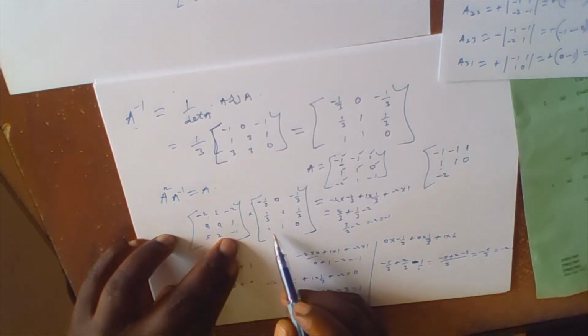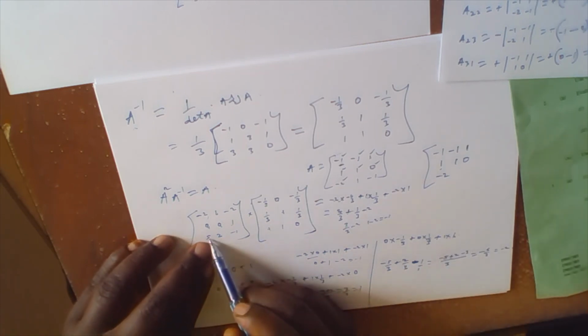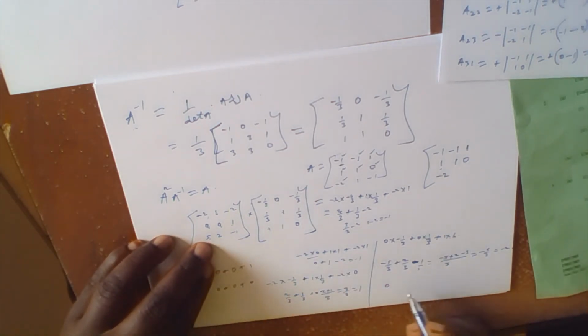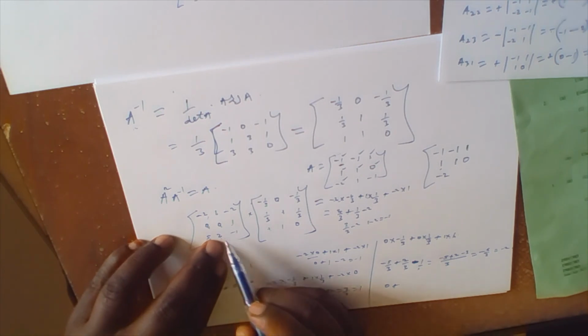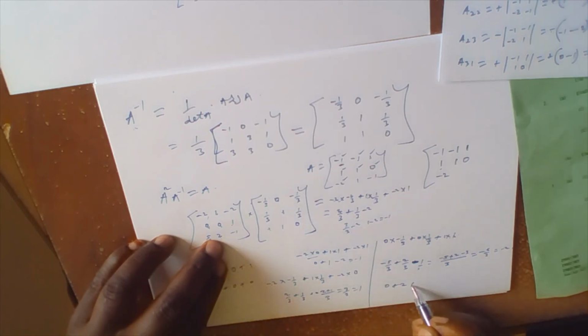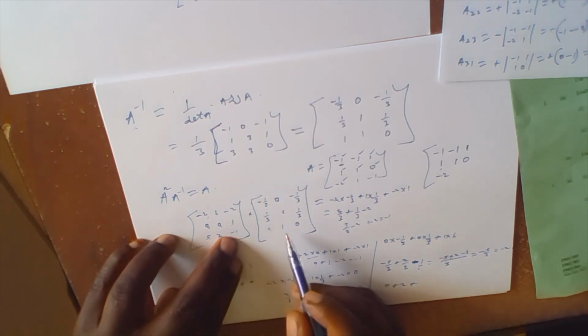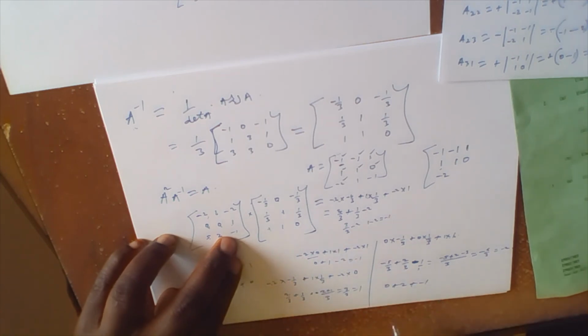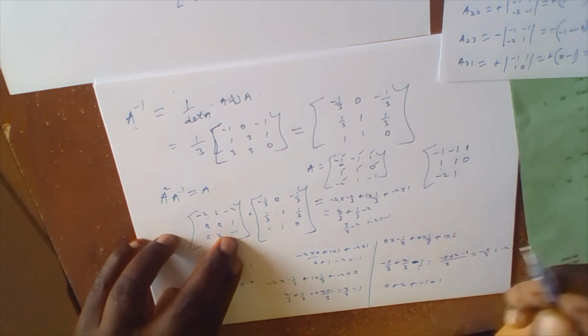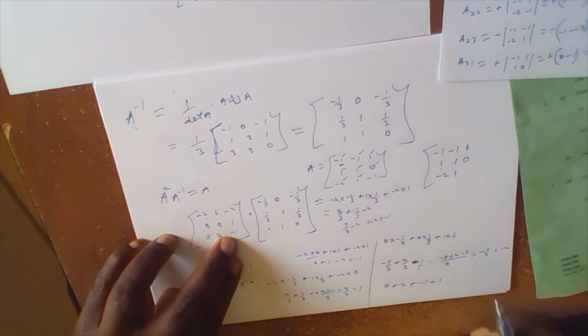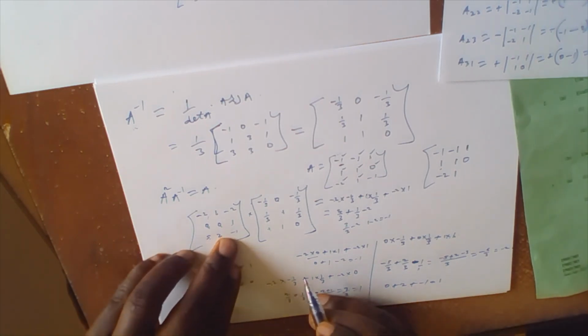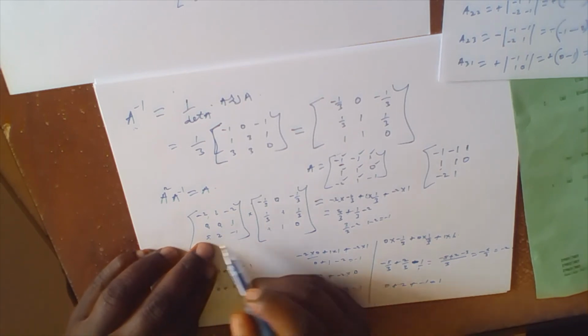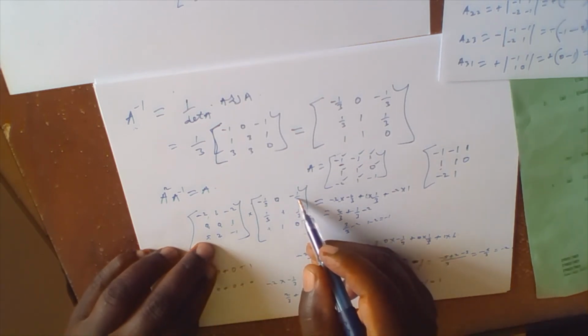So we move on to the next element. It will be 5 times 0, which is 0, plus 2 times 1, which is 2, plus negative 1 times 1, we have negative 1. So 0 plus 2 minus 1 equals 1. This is 1. That's fine. We go to the last element. It will be 5 times negative 1 all over 3.